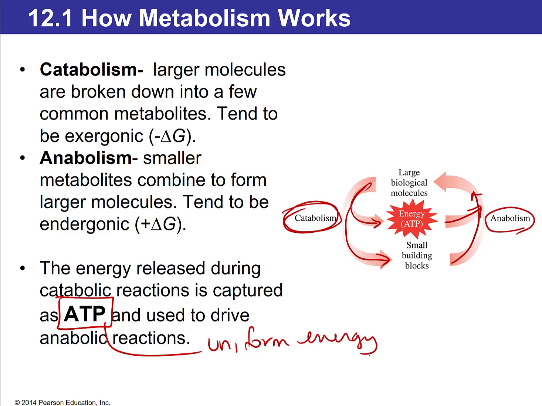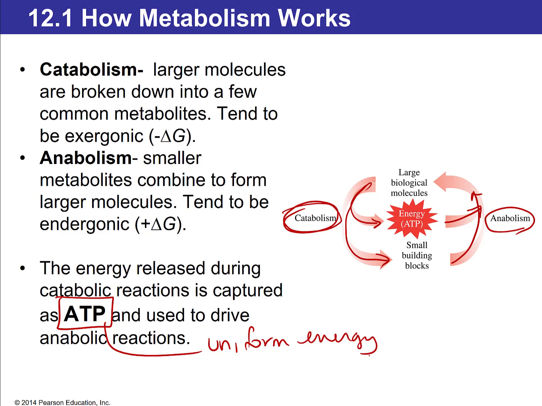So you need to make sure that the cell has a uniform energy source, kind of like a battery. Like you use a AA battery, you don't use a AAA battery, you don't use a D-size battery. You use the energy that's applied in a certain battery because that's a universal energy source. And if you hook that equipment up to another battery, it may create a power surge. Too much energy would end up affecting it.